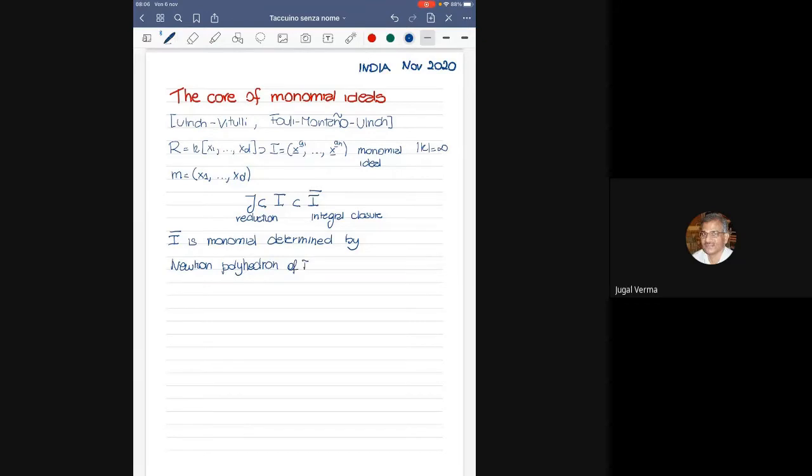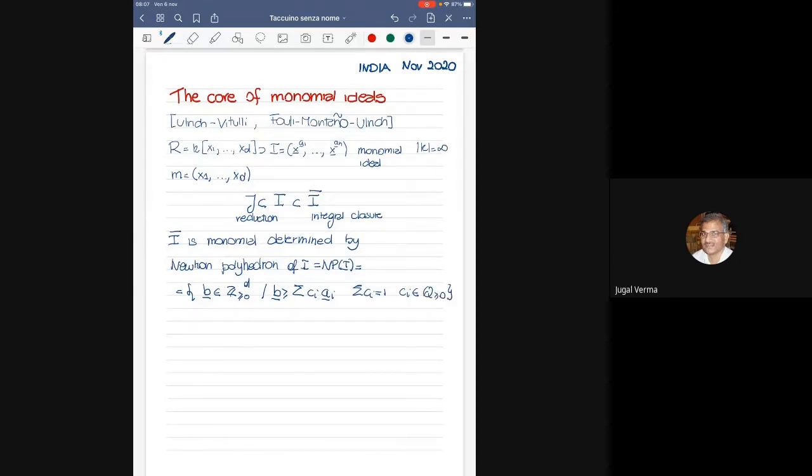of I, which I also denote with NP(I), and it is the set of vectors b in the non-negative integers, you need d of them, such that b is greater than or equal to the sum of the c_i a_i, where the a_i are the exponent vectors of my ideal, the sum of the c_i has to be 1, and the c_i are non-negative rational numbers.